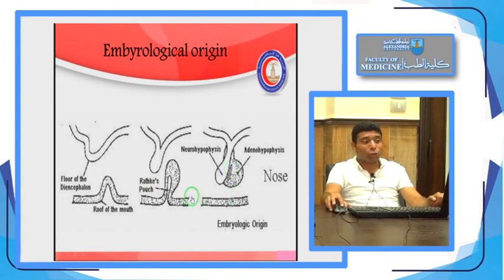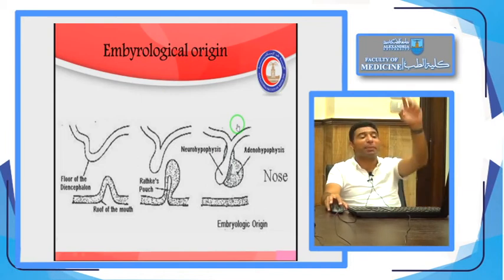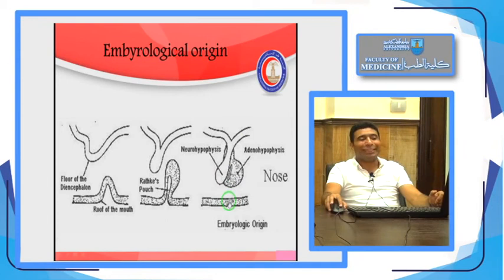This Rathke's stalk, the connection to the mouth, is lost, degenerated. Why? Because the pituitary is linked to the hypothalamus, the brain, but not linked to the mouth. If it is linked to the mouth, it will be a congenital anomaly we will talk about in a few seconds.